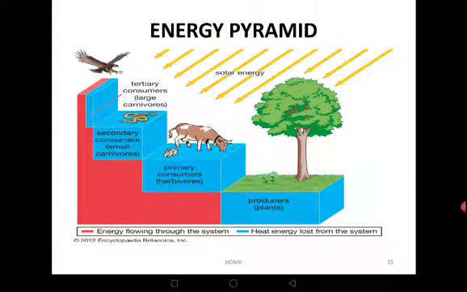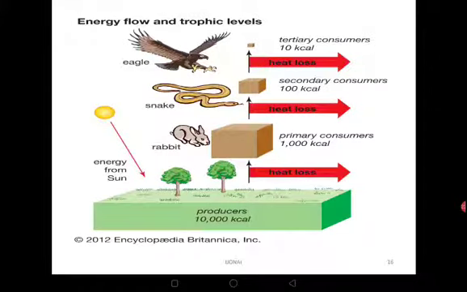We can also see from there another good illustration where we see the producers with 10,000 kilocalories, the green plants that are fed by the rabbits, the primary consumers. A lot of energy is lost along the way, and they are only able to get 1,000 kilocalories.